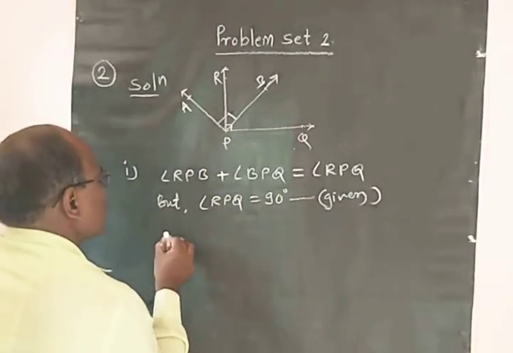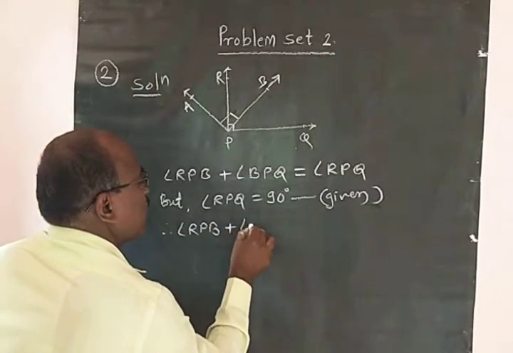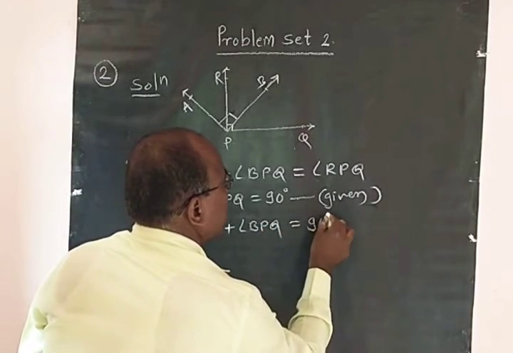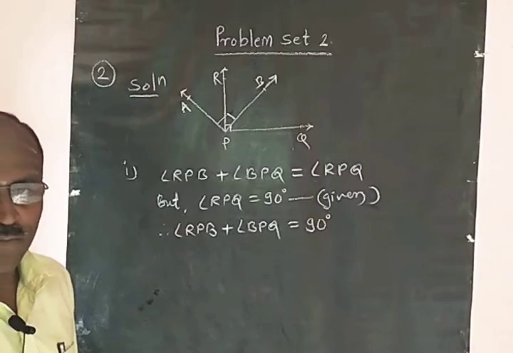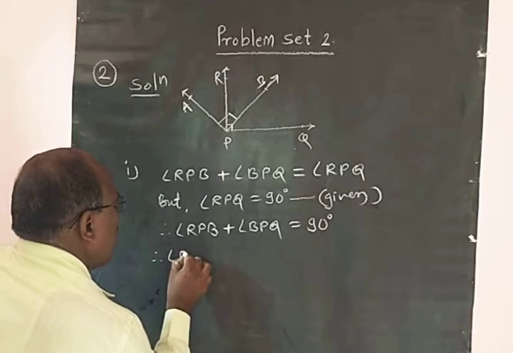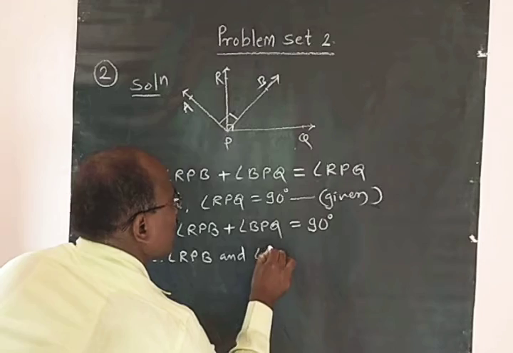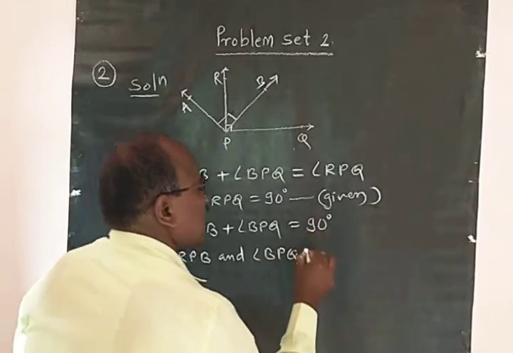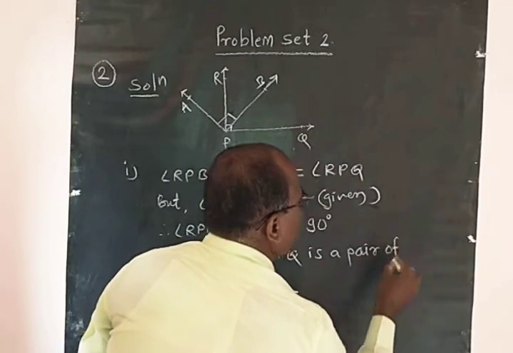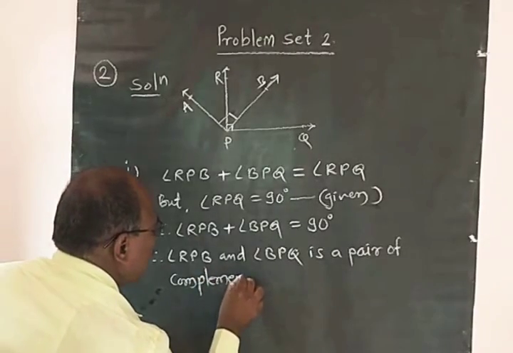Therefore angle RPB plus angle BPQ is equal to how much? 90 degrees. Therefore angle RPB and angle BPQ are a pair of complementary angles.